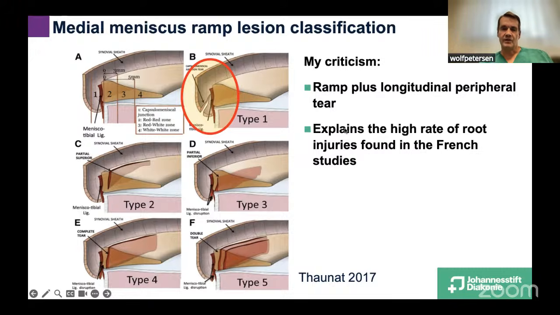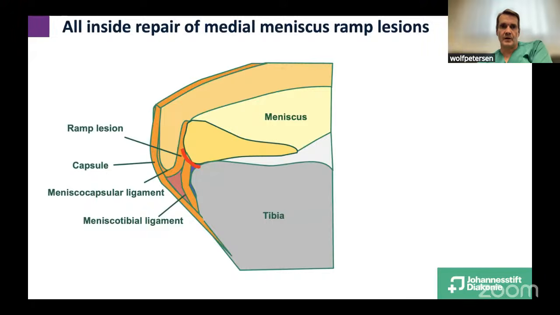In my clinical practice, the rate of ramp lesions is not as high as, for example, the group of Bertrand Sonnery-Cottet. They showed a rate of ramp lesions of up to 20 to 30%, and that's much higher than I observe in my clinical practice.